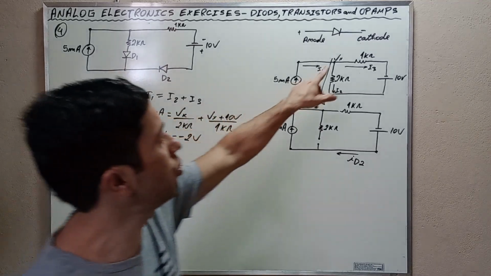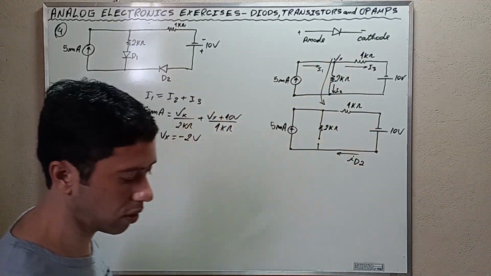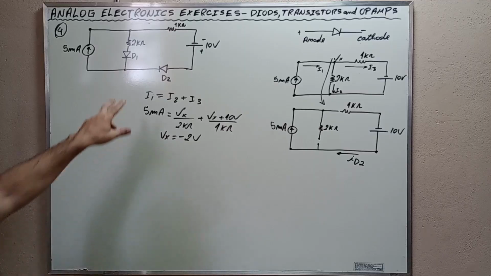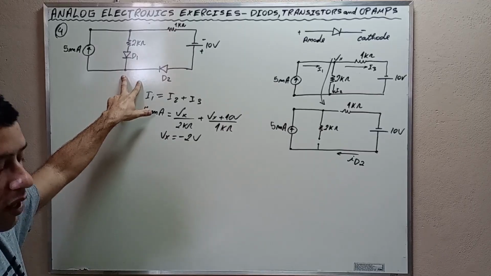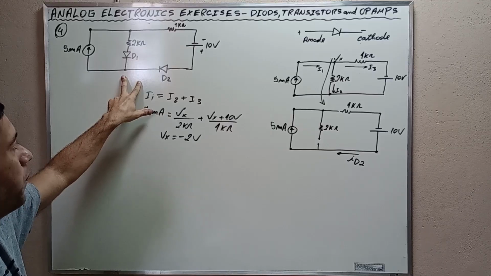And when the cathode is higher in potential than the anode, the device, the diode, is not conducting. It is off, okay? So the assumption that both diodes are conducting is wrong, because there is a contradiction here.